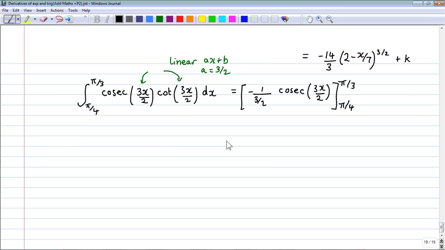Remember, we must use radians for calculus. So let's tidy this up. We have minus 2 over 3 times, the first evaluation is at pi over 3, cosec, this may not actually work because the answer may be infinite.